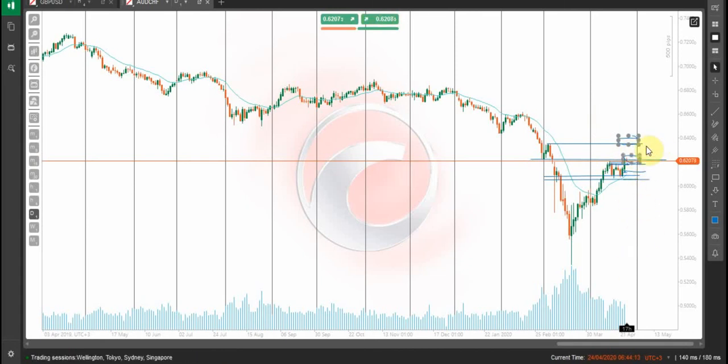So if we count the wave, 1, 2, 3, 4, 5, 6, 7. This area is a good area for reversal, so this is a good candidate also for reversal.